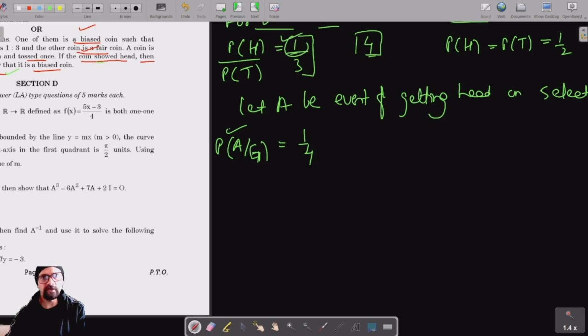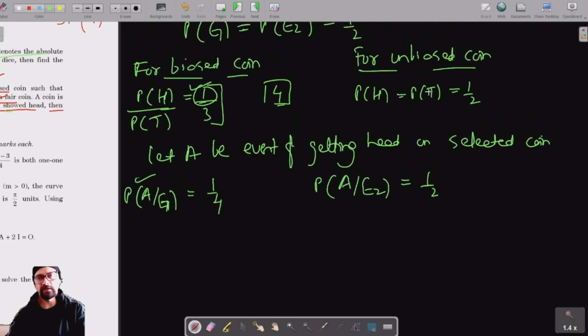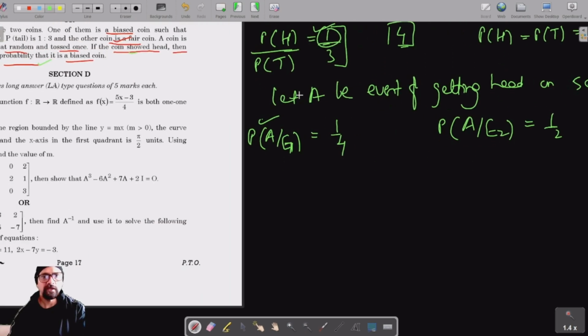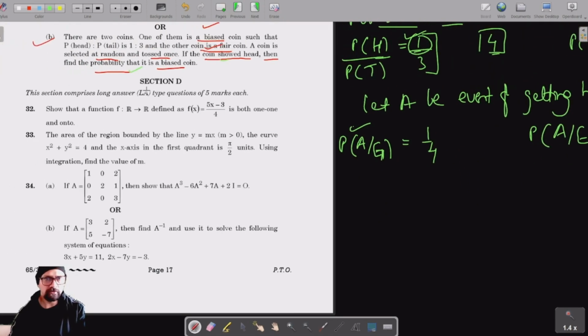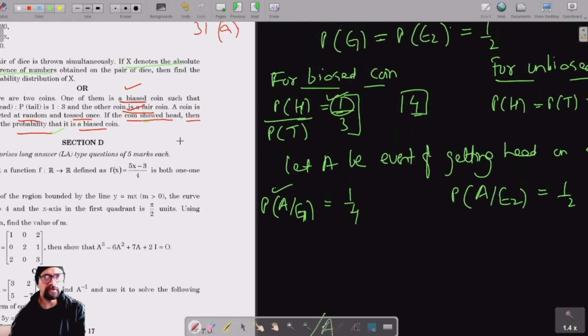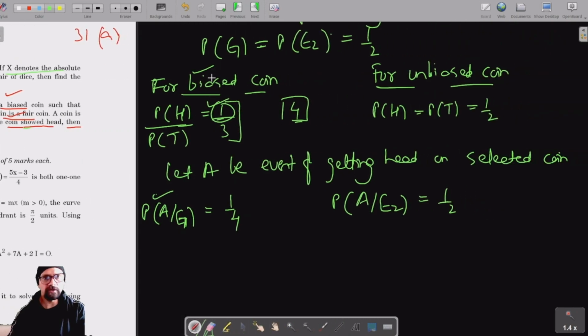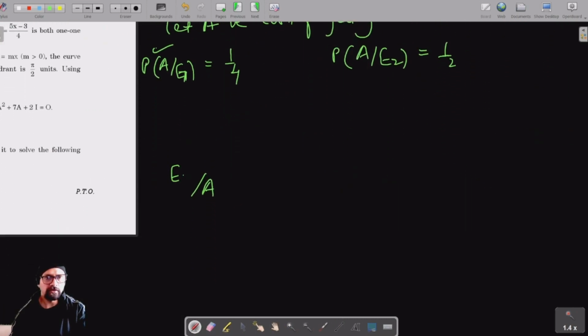Similarly, the probability of getting head when the second coin is selected is half because it's an unbiased coin. Now what is being asked is that the head shows up, and we have to find that it was from the biased coin, that is, from E1.